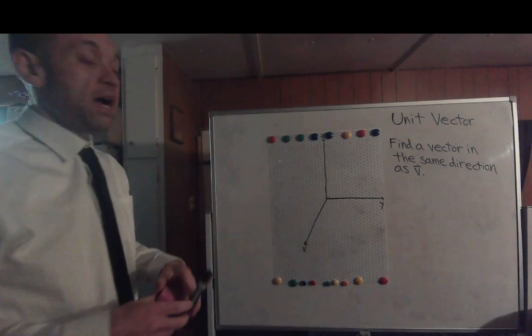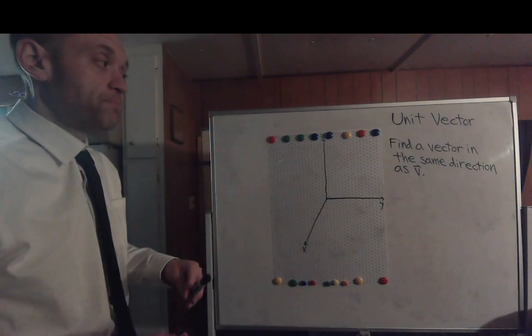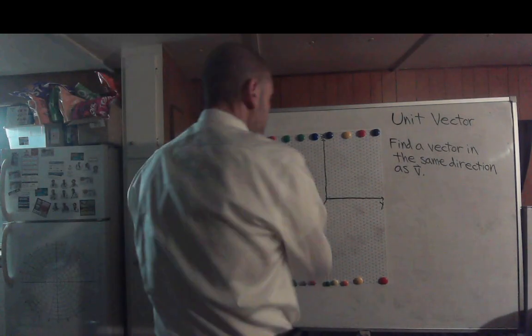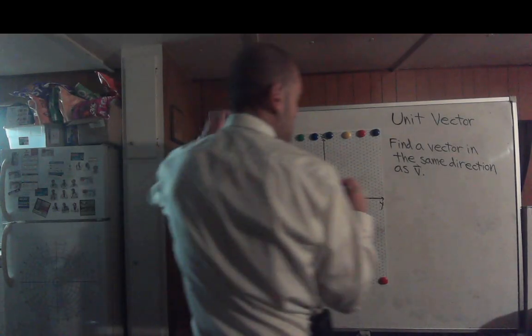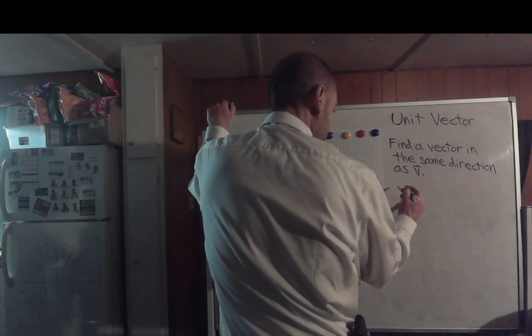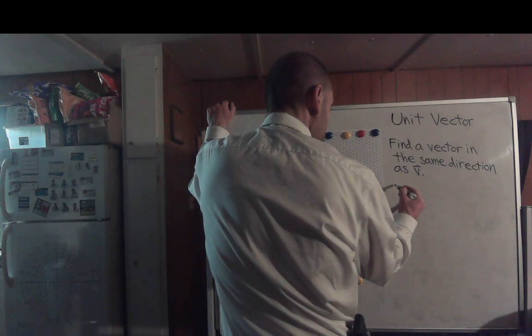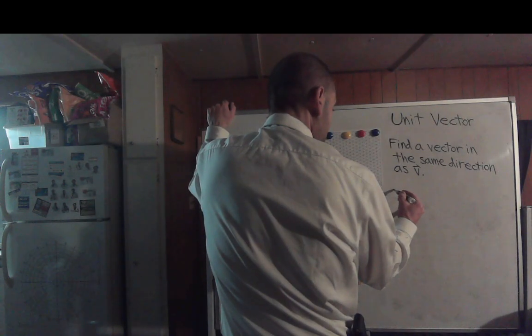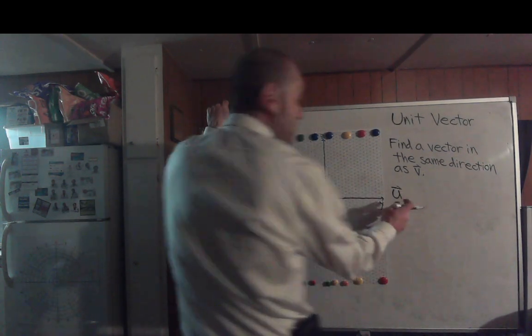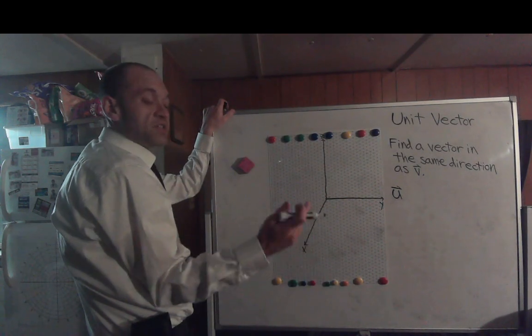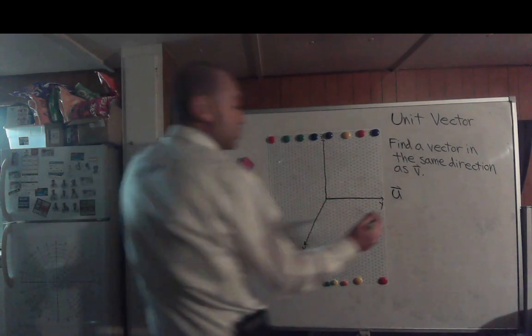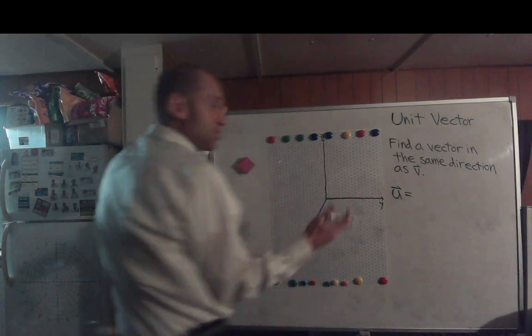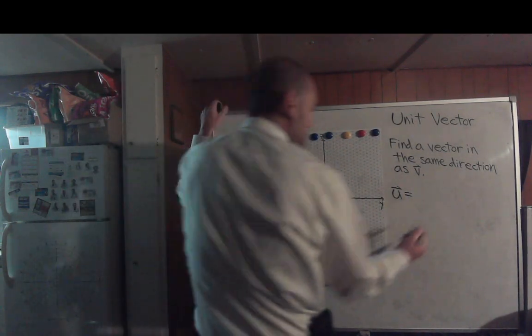So, how do you find a unit vector? The formula for a unit vector: if we have a vector v, we often denote the unit vector as u. It doesn't always mean that u is a unit vector, but if you're relating it to the original vector, it is.